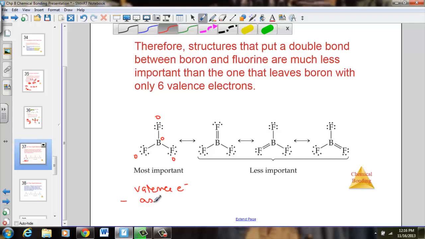Minus the assigned electrons. So there's my calculation for formal charge. Boron lives in group 3, 3 dots assigned, formal charge of 0. And every time we went through here, we developed formal charges. Those are not the correct structure.